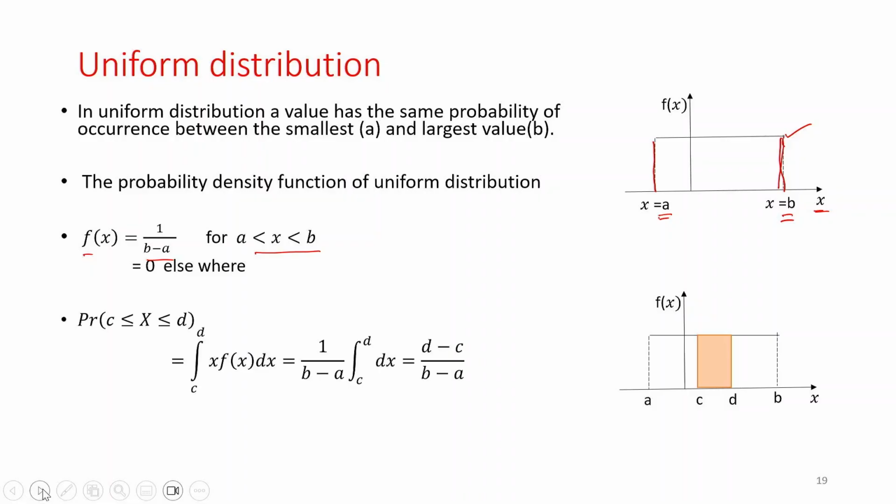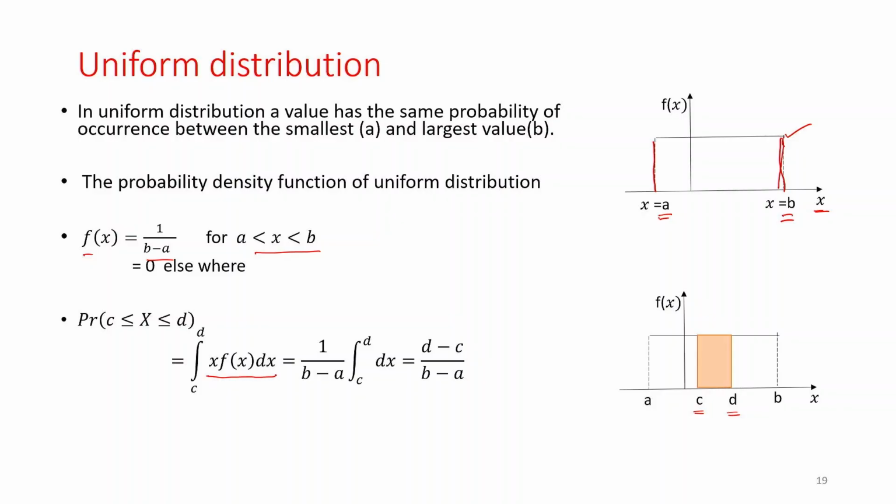There is another diagram at the bottom. Suppose we are interested to know the probability that x takes values between c and d. So this is c and here it is d. Within this range from c to d, what is the probability that the x value will lie between c and d? So what should we do?